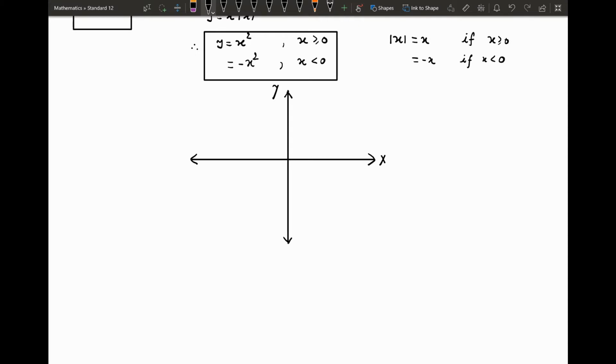If x greater than or equal to 0, then this will be y equal to x square. This is the graph in the case of x greater than or equal to 0, and this will be the graph for x less than 0.